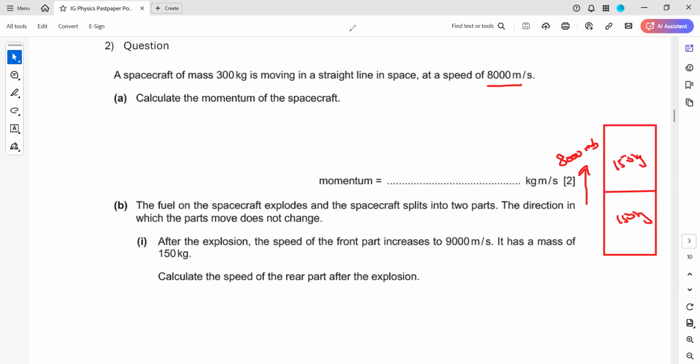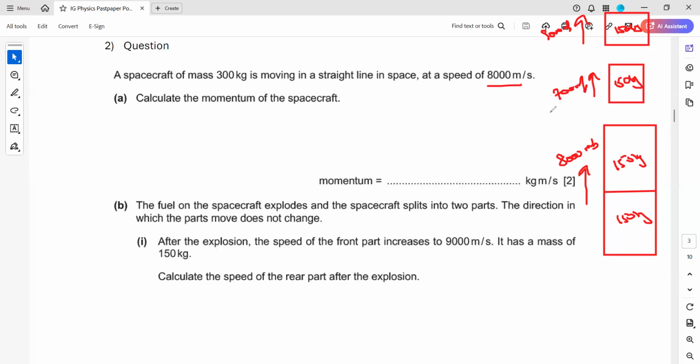When it exploded, the two parts move at different speeds. So this is 150, the front part, at 9,000 meters per second. The rear part we just calculated is moving at a speed of 7,000 meters per second.